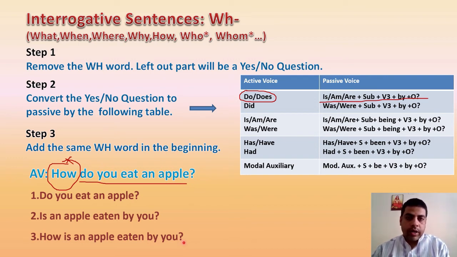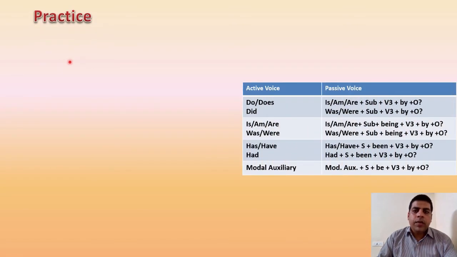Hope you got it. Let's look at a few more examples so that you will get clarity about it. Let's now start with a few examples for your practice. Look at the table. This table is already given to you. You know how to convert yes/no questions to passive voice. The same table is going to be used here also.